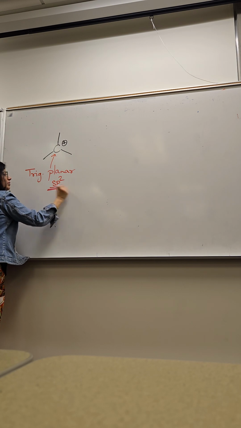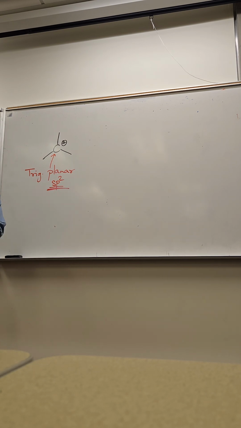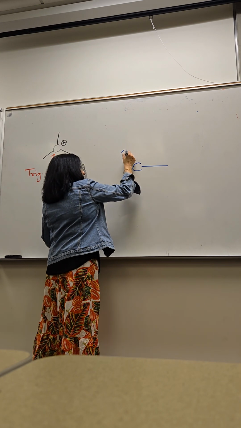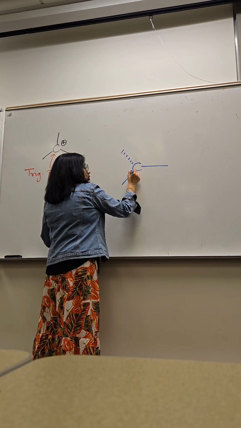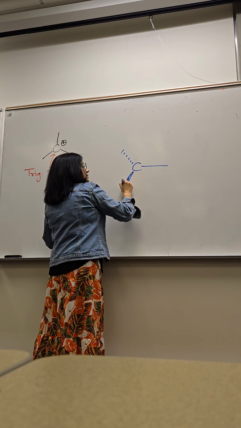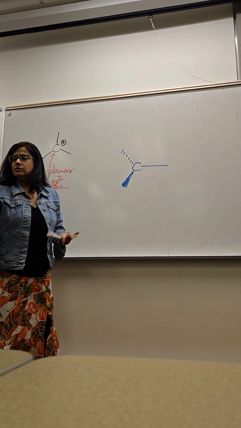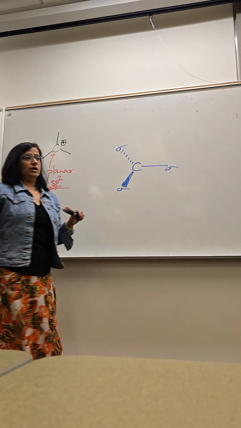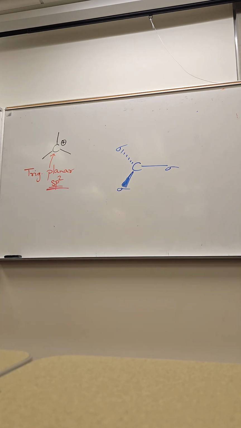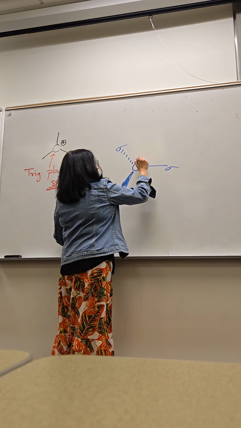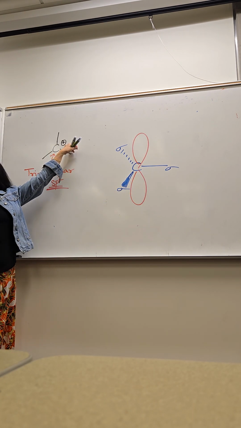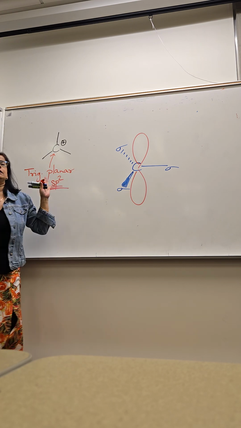So, how many hybrid orbitals does that carbon atom have if it's sp2? Three sp2 hybridized orbitals. And those orbitals are being used for sigma or pi? Sigma bonds. You guys agree? One sigma bond, another sigma bond, another sigma bond. What else does that carbon have? A pi bond, or rather a p orbital, which in this case doesn't have any electrons. That's why it's positively charged, because this is empty.